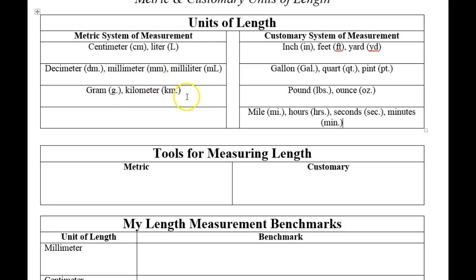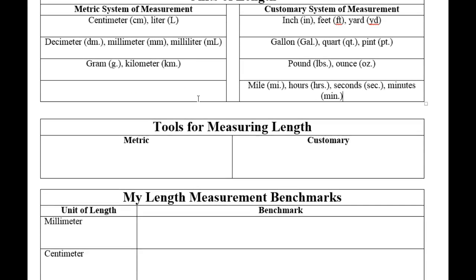So there are more. So here's what I want you to think about. We have some main tools for measuring length. For the metric, it is the meter. Or actually, the meter stick, I guess, would be your tool.